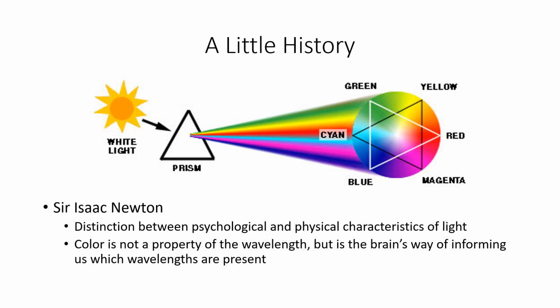He came out with his book Optics, where he first makes that distinction between the psychological experience of light, or what we experience as color, and the physical characteristics of light, where he realized that color is not a property of the wavelength itself. It's the brain's way of informing us which wavelengths are present in our environment.